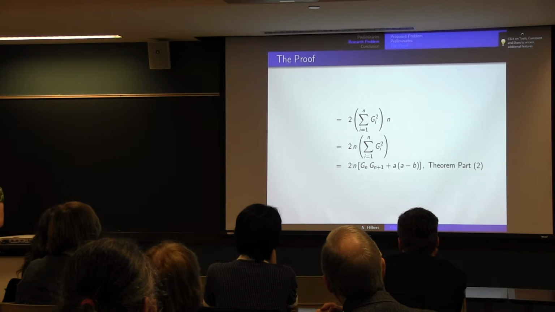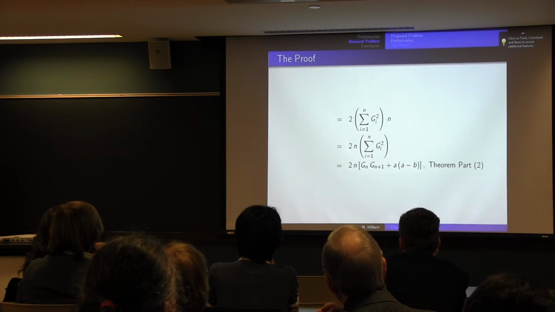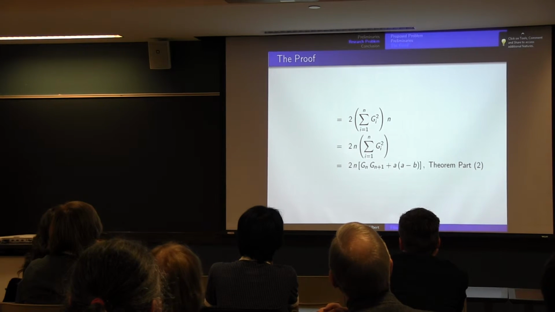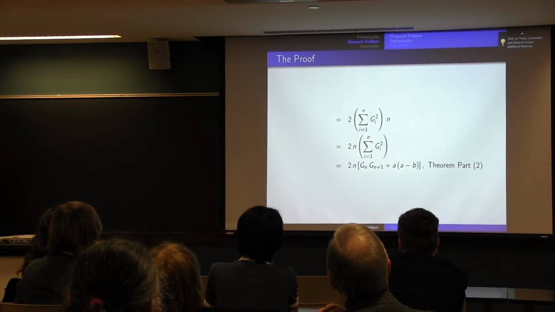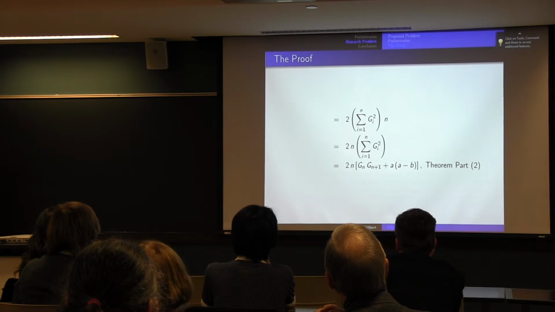The summation where i equals 1 to n of 1 squared is equivalent to n, which is where the n on the right comes from. To go to the next line, we can bring the n to the front, just rearranging. Then using theorem part 2, the summation of g sub i squared is equivalent to g sub n times g sub n plus 1 plus a times the quantity a minus b.